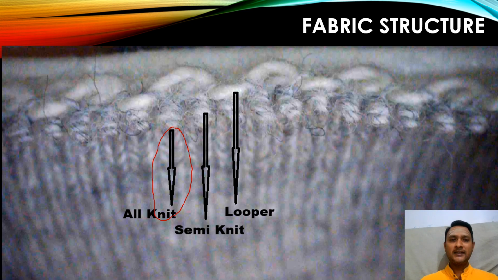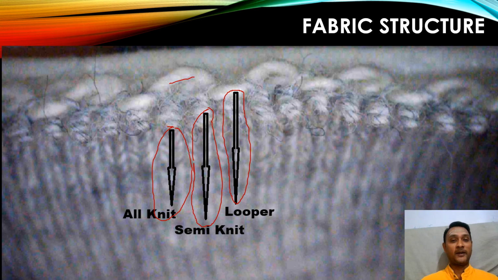The yarn in between the technical face and the technical back we call semi knit. And finally the looper yarn, the technical back yarn, which is the coarsest one, we call looper.